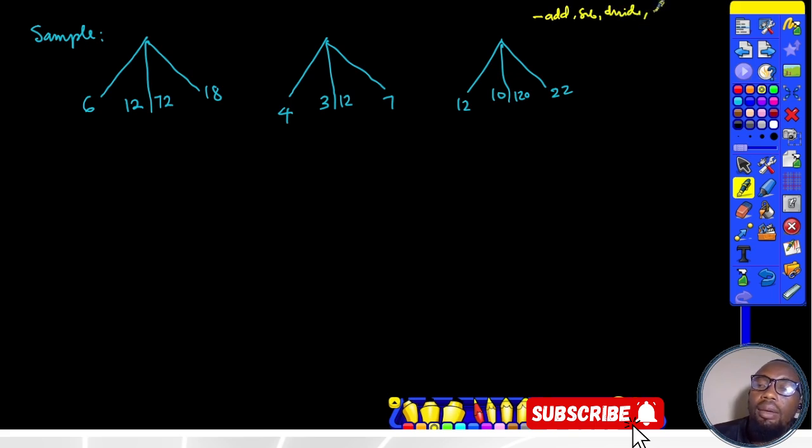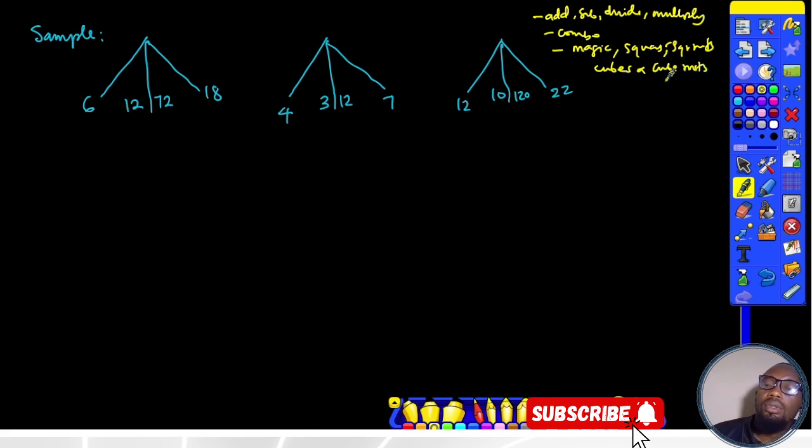We're going to multiply. And in all of this, if nothing works, we do a combo. And we know we can try magic number. We can try squares. We can try square roots, of course. And we can try cubes and cube roots. Whatever works. But logically, let's start from simple to complex.